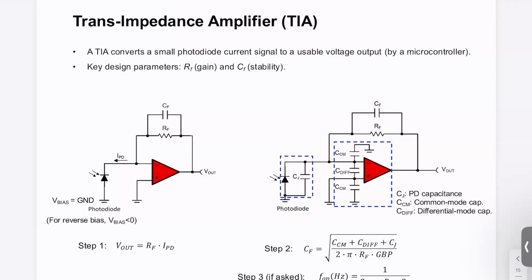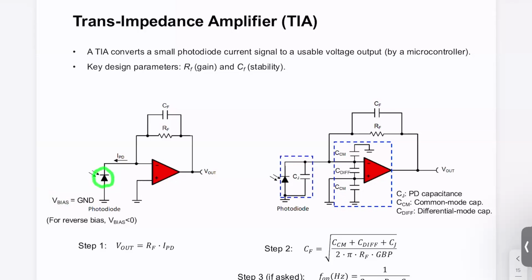So you have your photodiode, and the anode can be connected to a bias voltage, which can be 0 or a voltage greater than 0. That puts your photodiode into reverse bias mode.